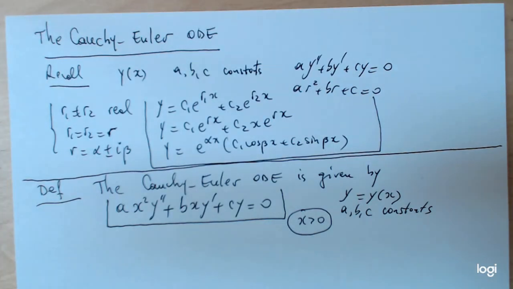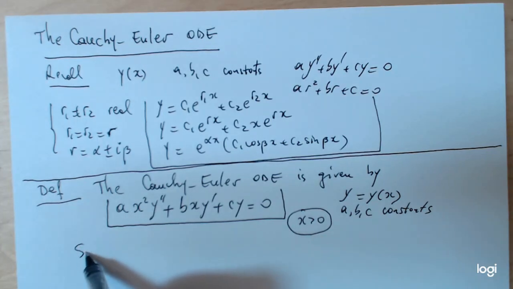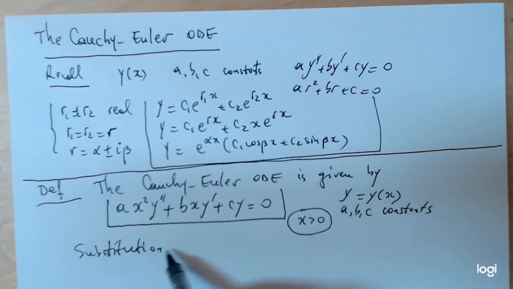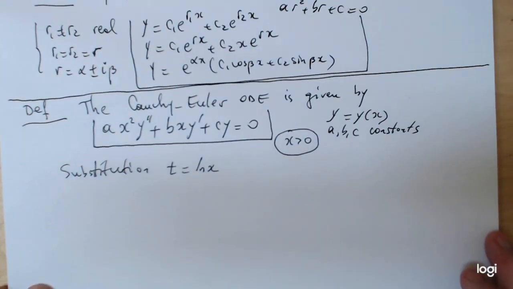We're looking for solutions for which the independent variable x is positive, because the substitution that works in solving this is t equals natural log of x. And as you know, natural log is defined just for positive values of x.